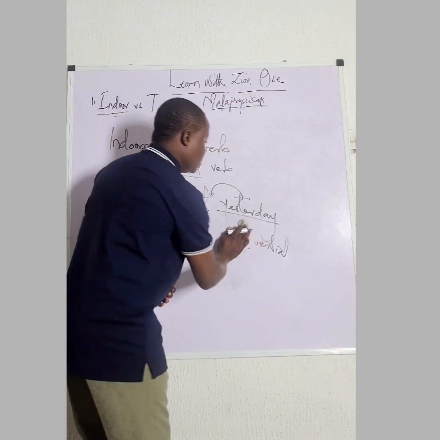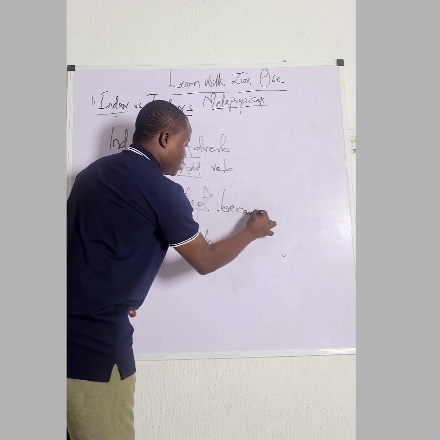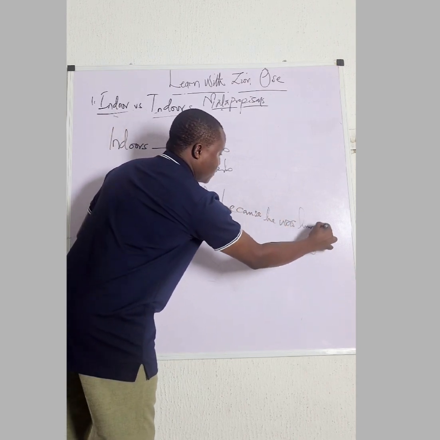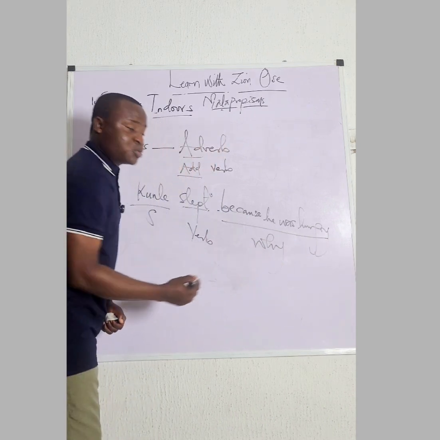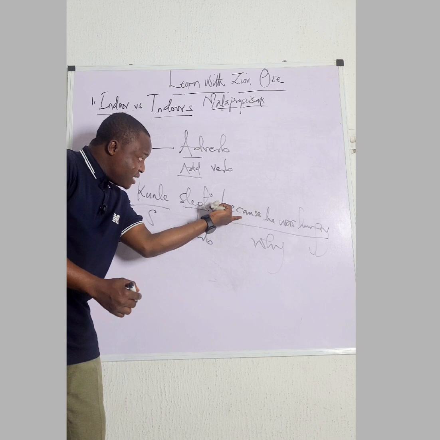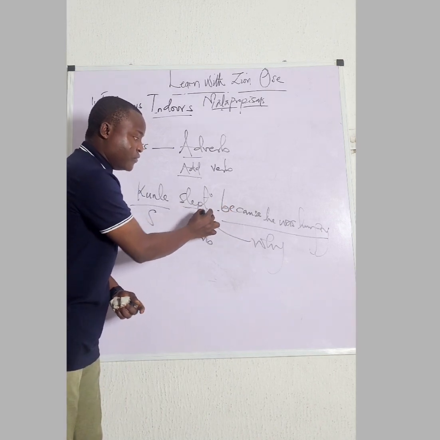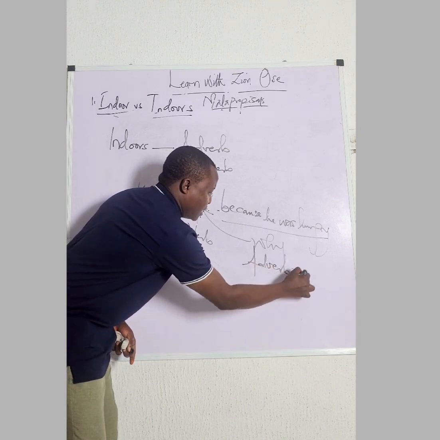So I say, Kunle slept because he was hungry. This is a clause that shows why. And of course, why gives additional information about the verb. It shows the why of the verb. Therefore, this is also an adverbial.